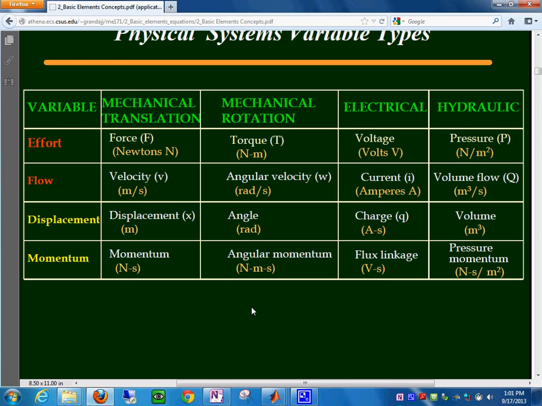Now this displacement is another generalized variable that relates to the flow, and then you have the displacement and the momentum. So 4 variables: one effort and a flow, and then you have this displacement which is normally q, and momentum which is normally p. So those are the variables we'll be using.